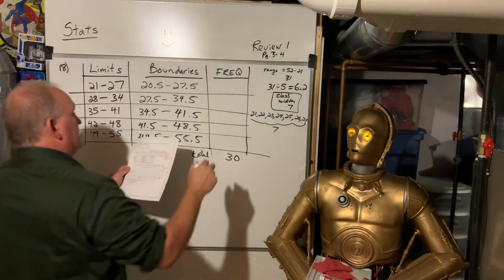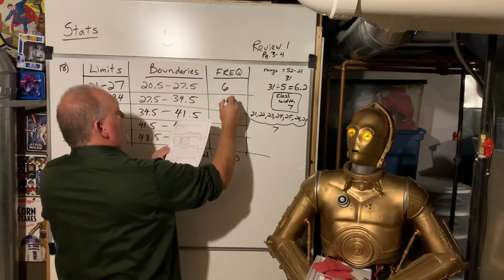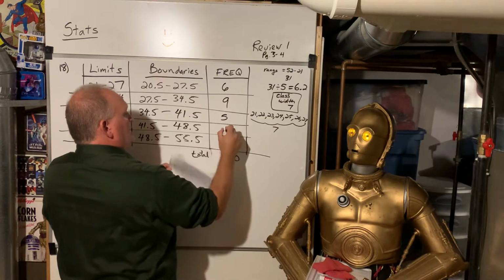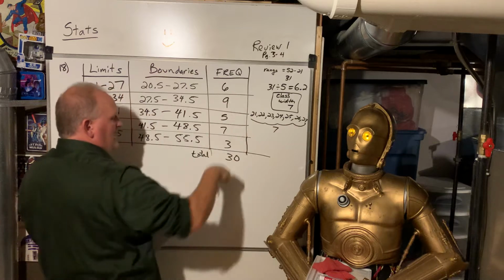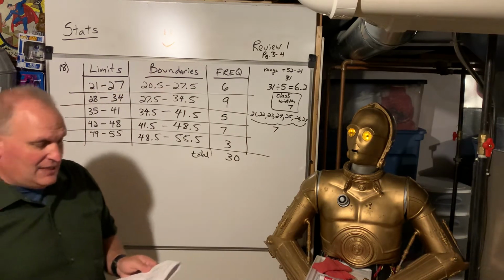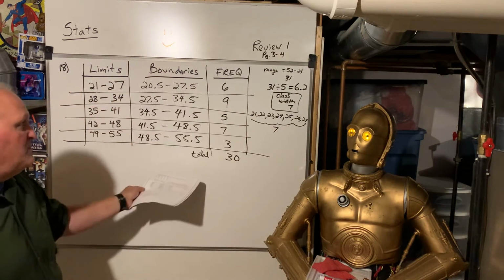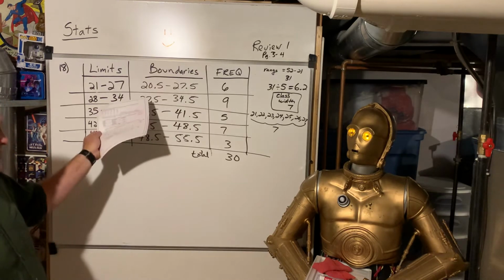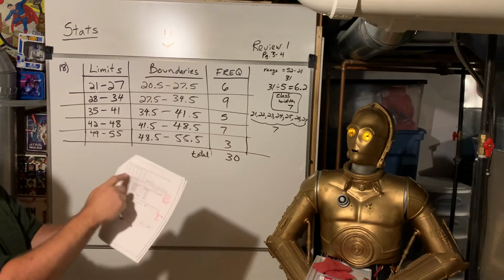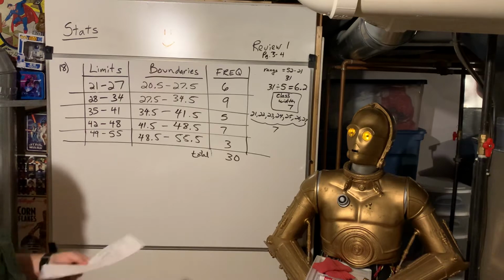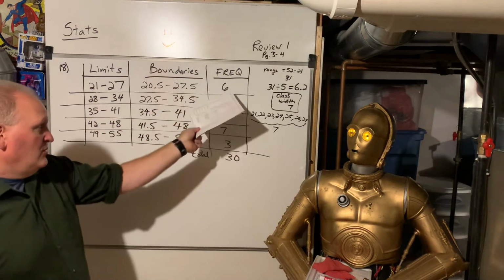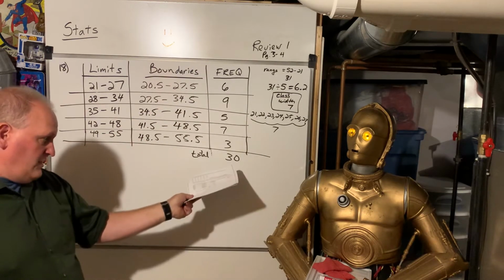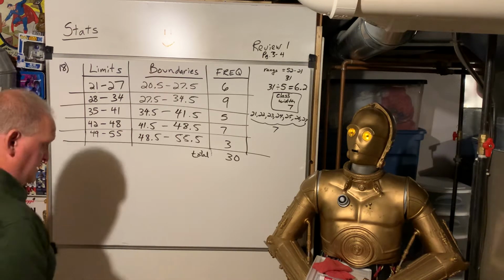So we got 6, we got 9, we got 5, we got 7, and we got 3. And so that came from the raw data. That's how many fell in each one of these bins. So from 20.5 to 27.5, that happened 6 times in the raw data. So that's where those numbers came from. Those should add up to 30, and it does. Okay?